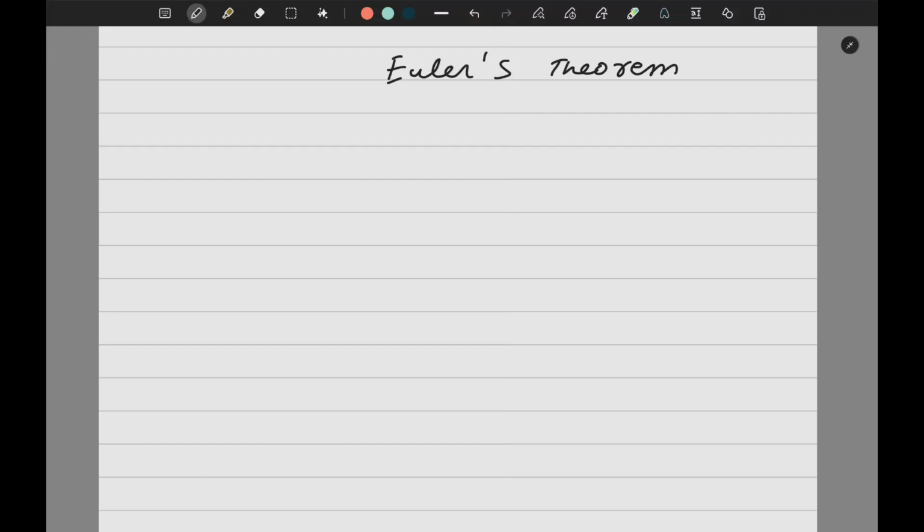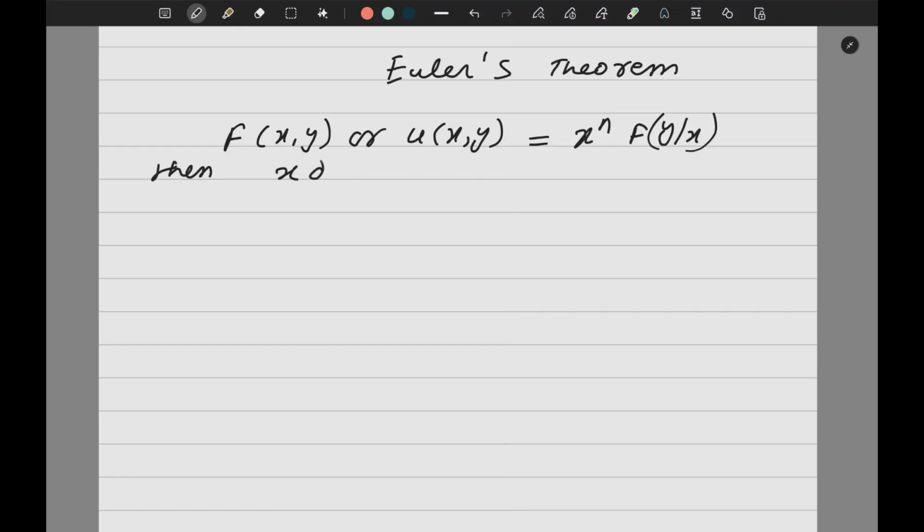It says that if you have a homogeneous function f or u, which is a homogeneous function of degree n, meaning it can be expressed in this form, then x ∂u/∂x + y ∂u/∂y = nu. So this is the basic definition of Euler's theorem, right?